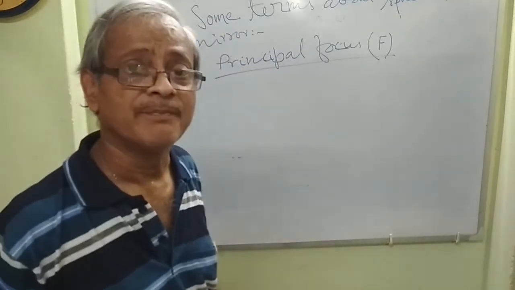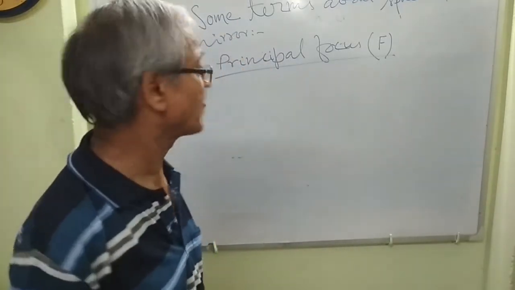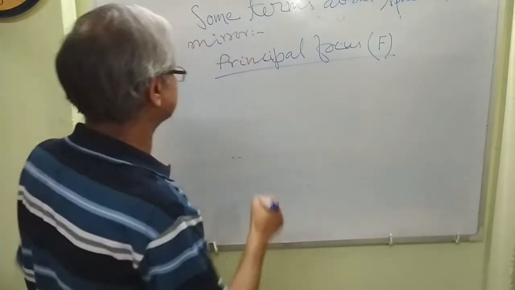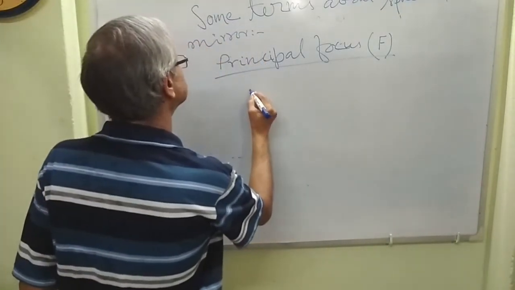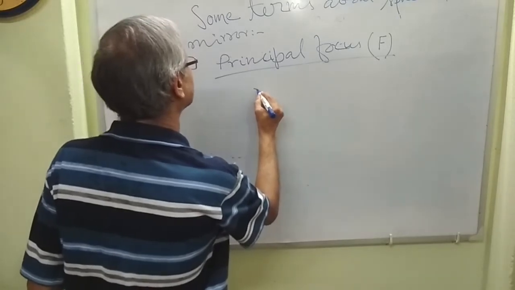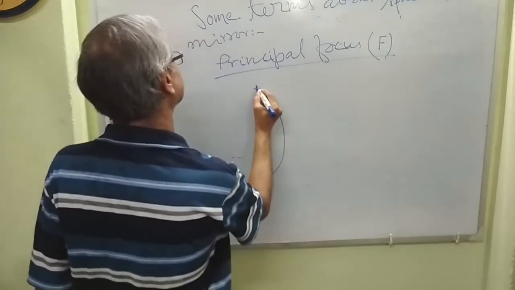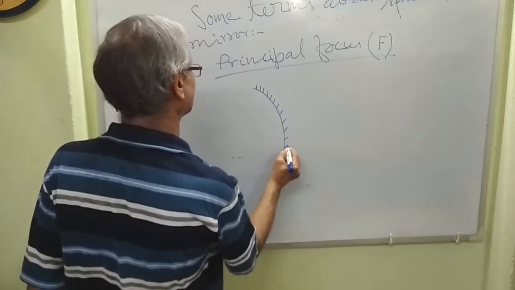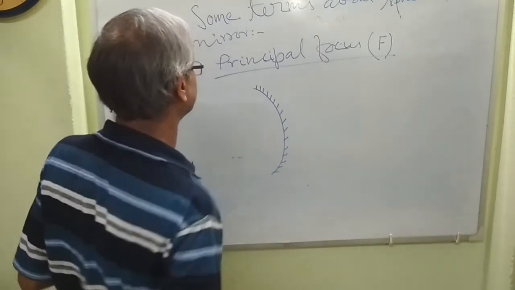You all write in your exercise book. Principal focus. We take two mirrors. One is concave, that is, the bulging side is silvered, the outside surface is silvered.